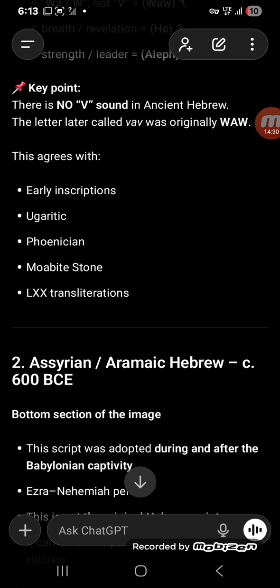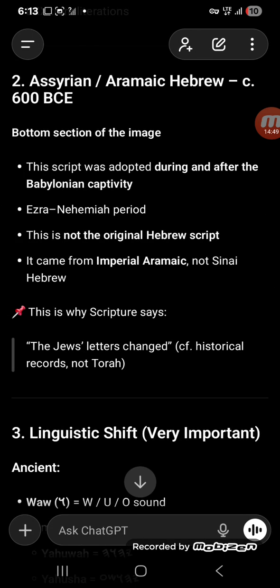So, Assyrian script, 600 BCE, bottom section of the image, which we showed. The script was adapted during and after the Babylonian captivity, the Ezra and Nehemiah period. But this is not the original script.